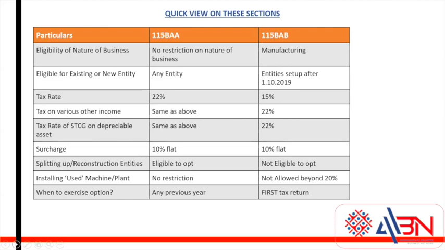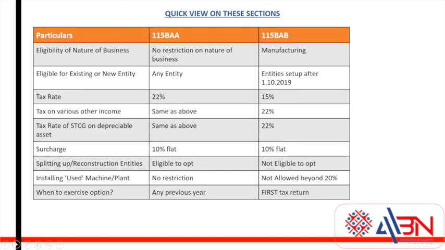In the first option, there is no condition that it cannot be a split-up or restructured entity. But if you are opting for the new manufacturing section, it cannot be a restructured entity. In the first case, this option has to be exercised before filing your income tax return. But in the second case, before you file your first income tax return itself, you have to opt for this particular manufacturing setup.